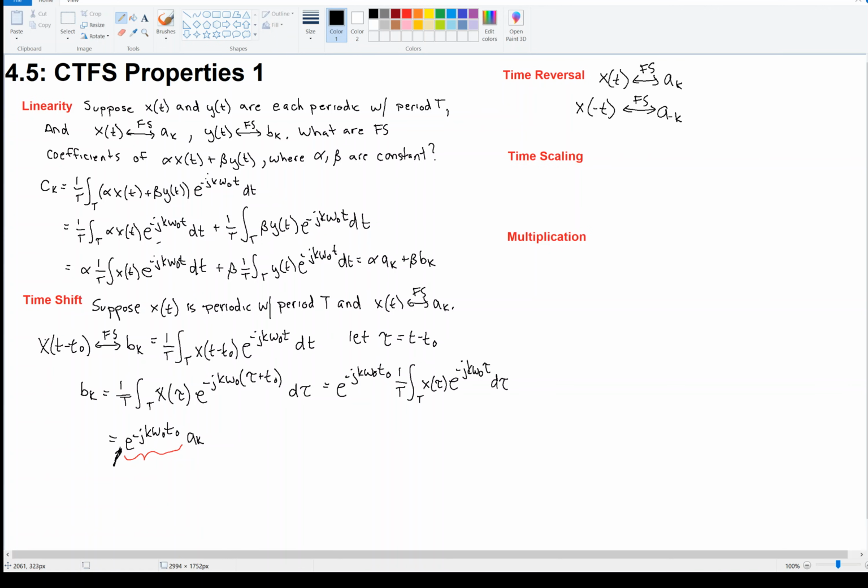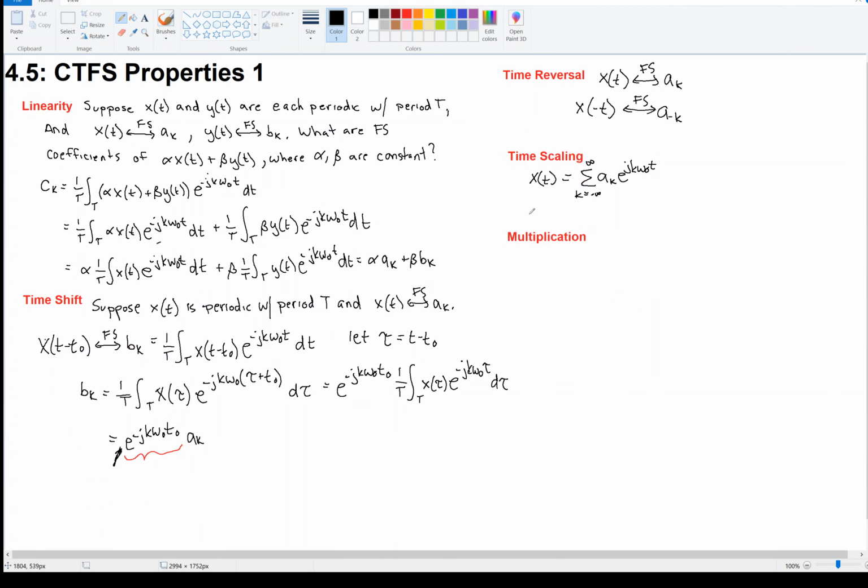Now, the time scaling property says that, well, remember from the synthesis equation, if x of t has Fourier series coefficients ak, then I can synthesize x of t like this. Right? If x of t has Fourier series coefficients, here's the recipe or the ingredients, then I can add all these harmonics together to get back x of t.